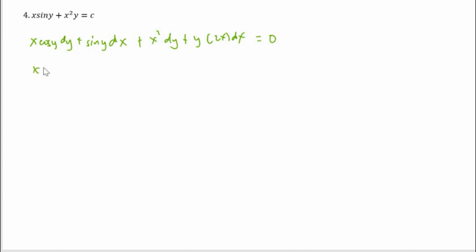Now, simplifying this one first, I will just rewrite. So we have x cosine y dy plus sine y dx plus x squared dy plus y times 2x dx, which is 2xy dx, is equal to 0.